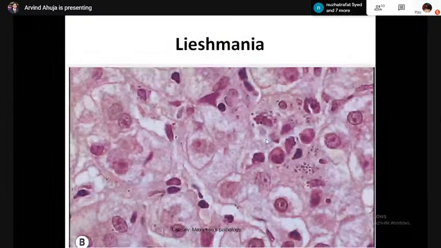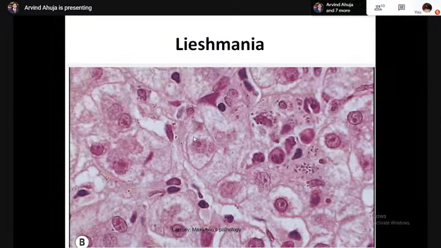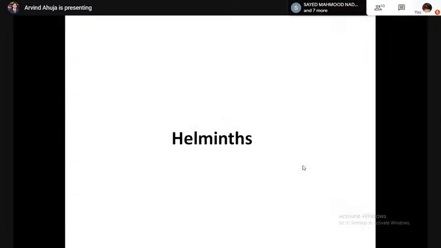Leishmaniasis amastigotes can also be seen. Usually the patient is not biopsied, but sometimes incidentally a biopsy is done and you can find these amastigotes, which are usually present in the Kupffer cells, can also be present in the hepatocytes, and this can be diagnosed on liver biopsy incidentally also.